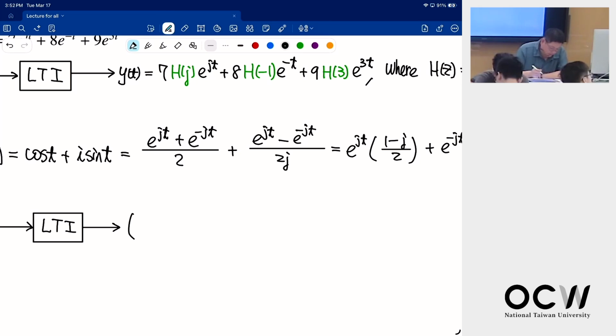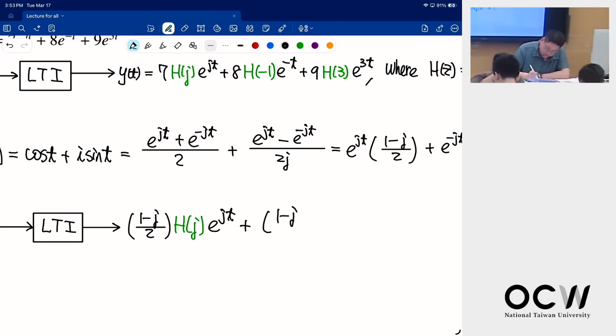So here 1 minus j divided by 2, then we times H(j) e to the jt, and 1 plus j over 2, H of minus j times e to the minus jt.